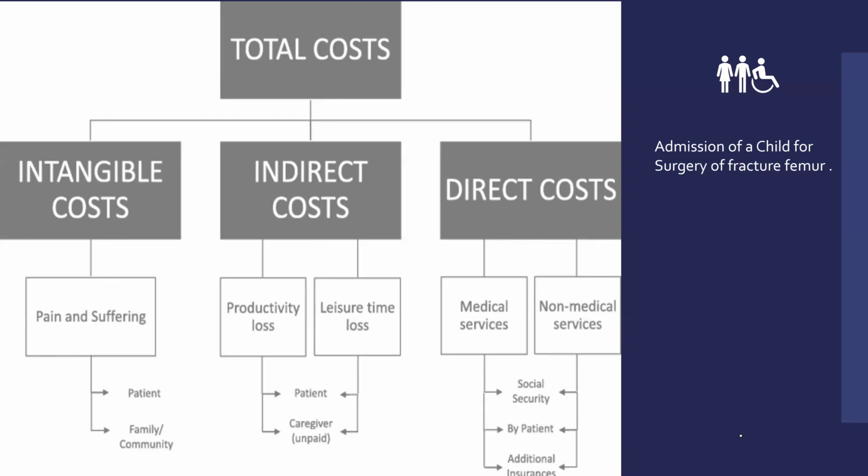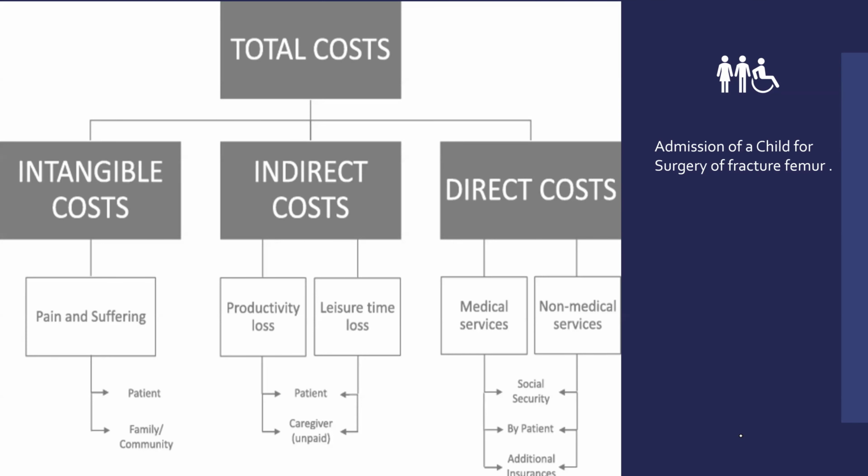Now this can be borne or paid either by the patient or by some other healthcare provider or by the society. But apart from this cost, there are some indirect costs. Suppose a father is working in a bank. So indirect cost would be the productivity loss, the loss of salary for that day.